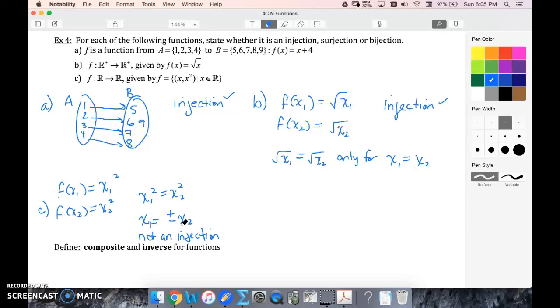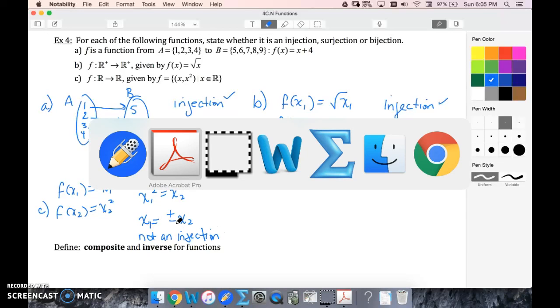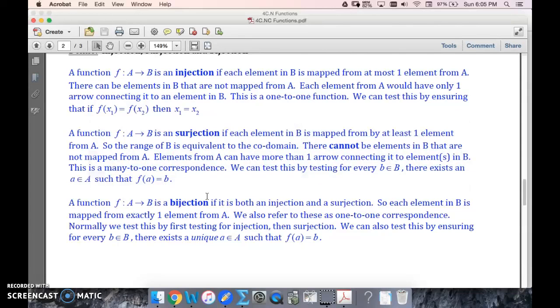All right, let's look at surjection. We have surjection when each element in B is mapped by at least one element in A. So the range is equal to the codomain. So there's no extra elements.